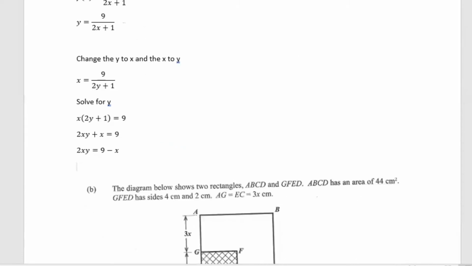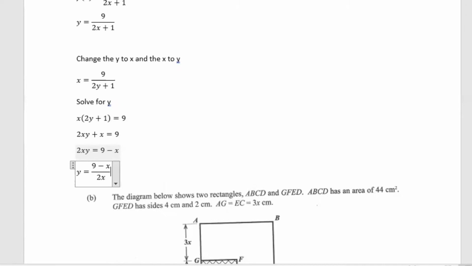So we subtracted x from both sides of the equation. And then now we're removing the 2x from this side of the equation. So it was multiplying here, so when it comes across, it will be dividing. So it's basically dividing both sides of the equation by 2x. So it is y is equal to 9 minus x, which all of that is divided by 2x, and this is our answer.